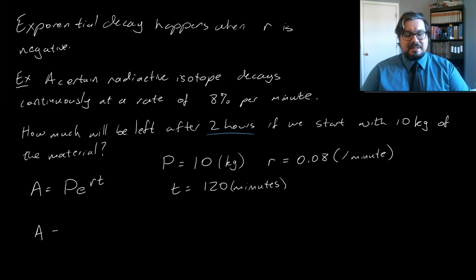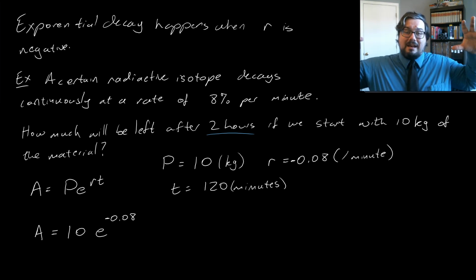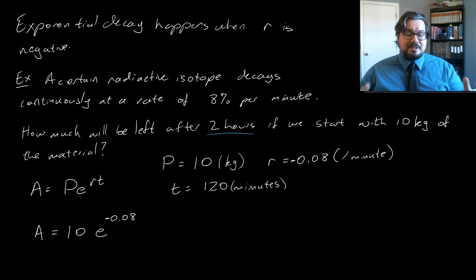So that tells us that the amount of material we'll have will be 10 times e to the 0.08. Oh, sorry, I backed up, I forgot. It's very important here. The rate's actually negative 0.08 because this is decay. The amount of radioactive material that we have is decreasing because those elements are changing into other elements through radioactive decay.